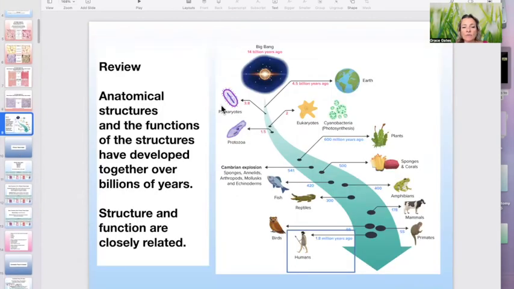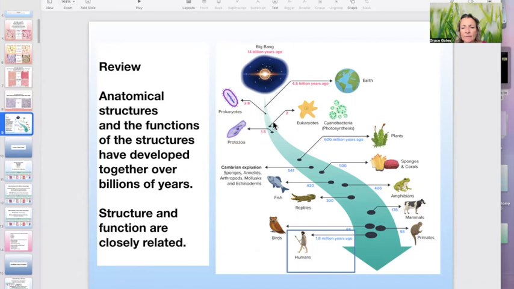Okay, so one review slide, just to remind you that anatomical structures and the functions of the structures have developed together over billions of years, and therefore the structures and the functions are closely related. And this is a nice picture. It shows you that the first cells developed 3.8 billion years ago.